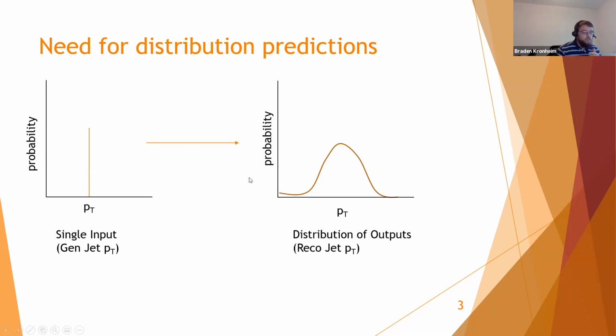So in order to properly simulate this process, we need some method of predicting distributions. The same can be said for the jet correction, because a single observed jet transverse momentum could have been caused by a range of different gen jet transverse momenta. So we need some method of predicting essentially conditional distributions.